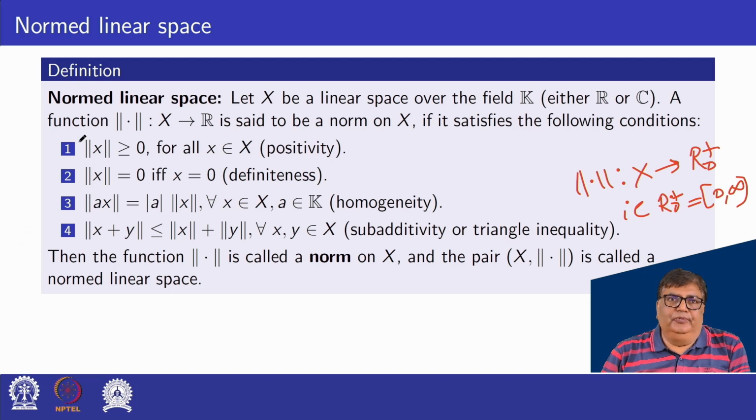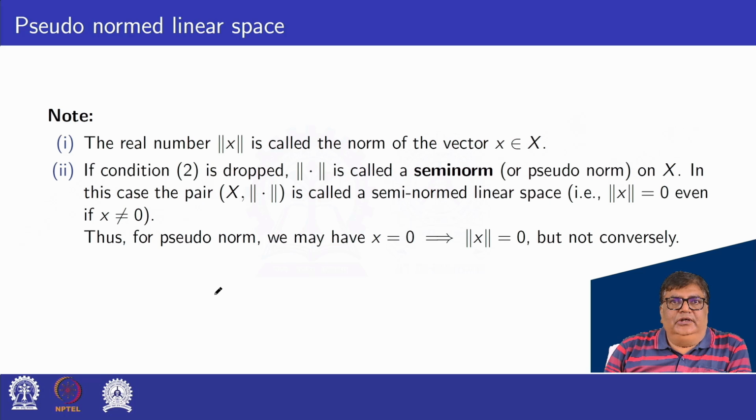So if we avoid the first condition, we can write the norm from X to R0 plus. Then this function is called a norm on X, and the pair (X, ‖·‖) is called a normed linear space. The real number ‖x‖ is called the norm of the vector x, where x is an element of X.